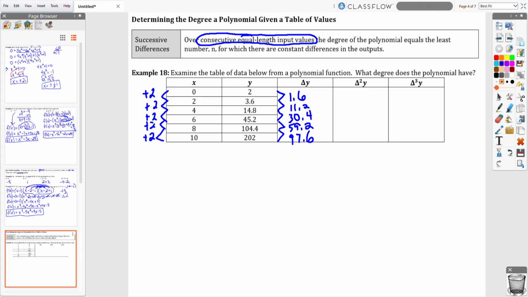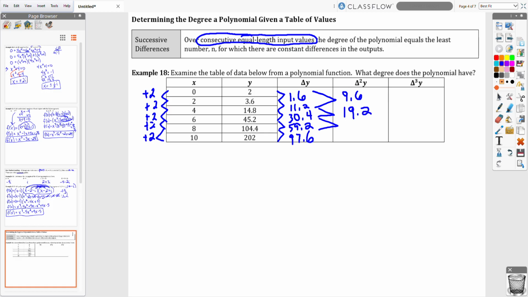So let's find our second differences to see if it's quadratic or not. So 11.2 minus 1.6 is 9.6. And then we need to find the difference between 30.4 minus 11.2, and that's 19.2. So already you can tell this is not quadratic either.